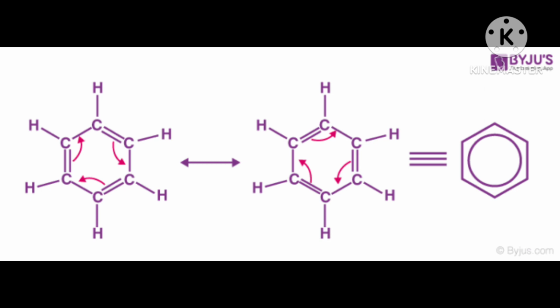and its energy will be less than these two. The two structures have a little more energy, but this third, equivalent structure has less energy in comparison to the first and second, and because it has less energy, the hybrid structure is more stable.